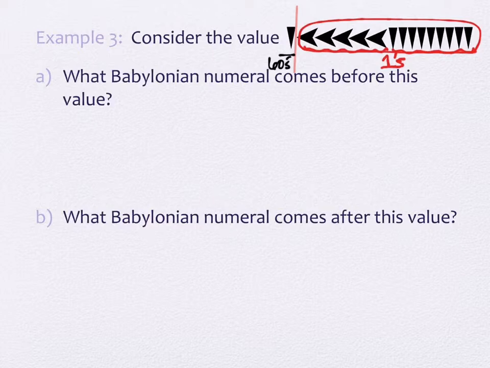So again, when I was talking about the Babylonians, the Egyptians, I talked about the fact that if you're going to go with a number before or after, it would have to affect the end of the number, just like our system, right? 65, I don't change the 6 in 65 if I go up or down 1, right? I change the 5. It always affects the ones place, the number that's on the far right. So if I were to look at this number, and I wanted to find the number that comes before it, what would I need to do?